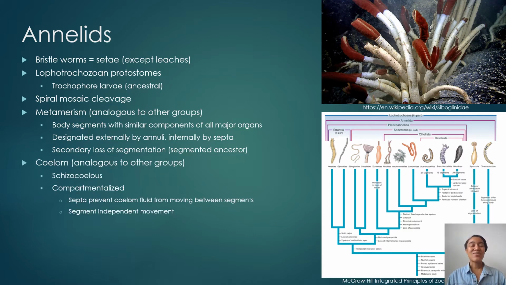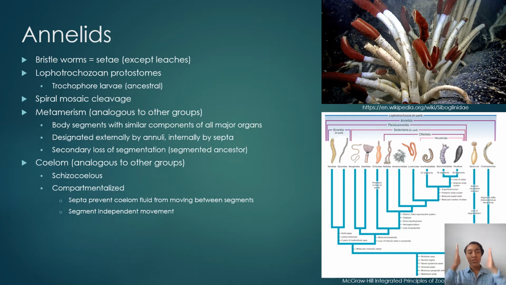Annelids are coelomates, so they have a true coelom. They develop their coelom via schizochelous coelom formation, and their coelom is also an analogous characteristic to the coelom that's formed in arthropods and humans and other organisms. They also have a compartmentalized coelom, so they have a septa that prevents their coelom fluid from moving between segments.